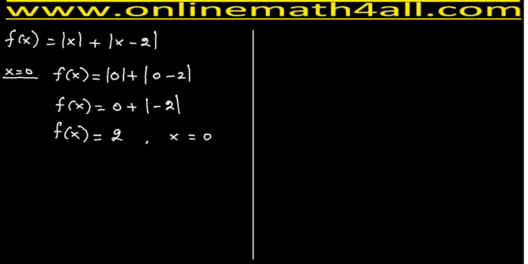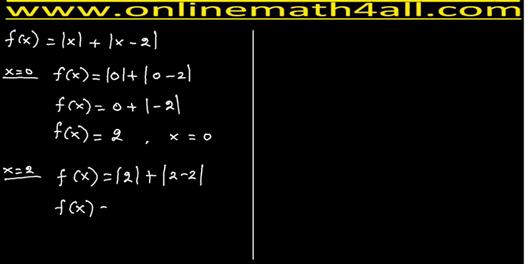Okay, now I'm just going to take the second condition, that is x is equal to 2. Now let us see what is the result of f of x if x is equal to 2. If I take x is equal to 2, absolute value of 2 plus absolute value of 2 minus 2. So absolute value of x is simply 2, plus 2 minus 2 will become 0, absolute value of 0 will be 0.